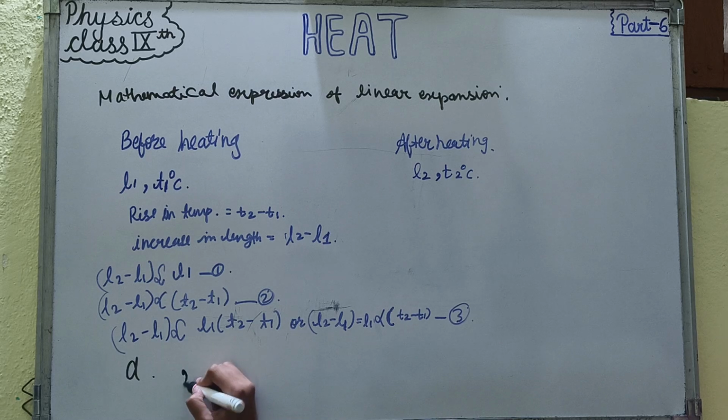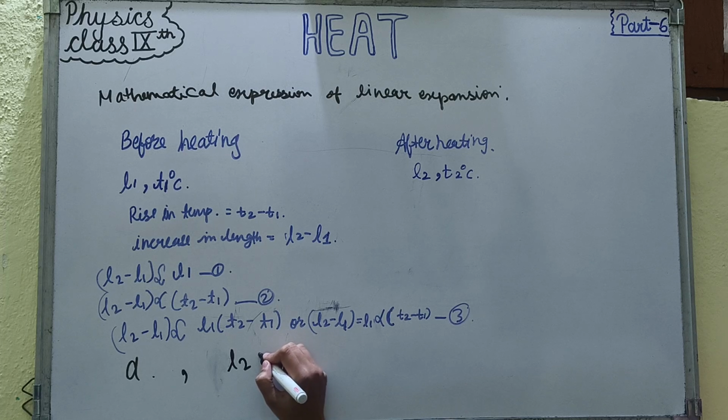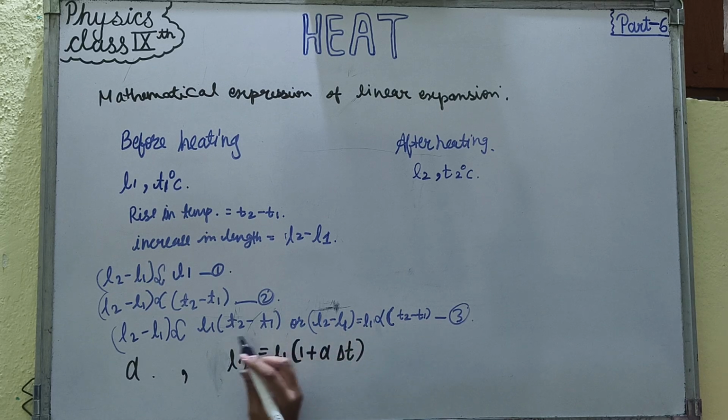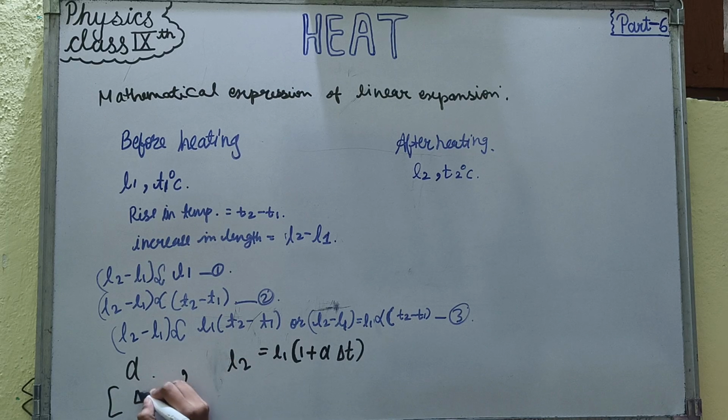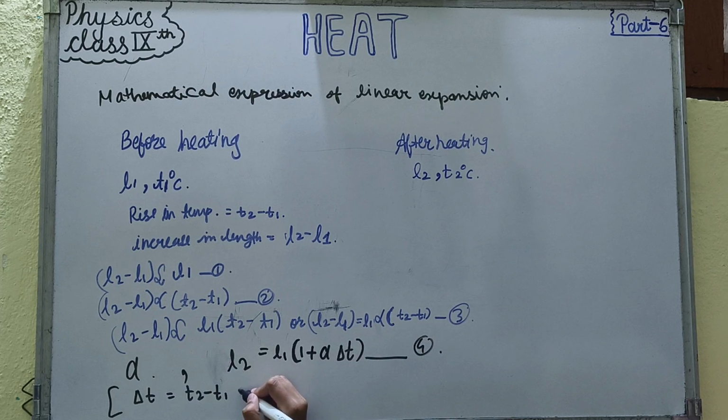Or we can write L2 equal to L1 in bracket 1 plus alpha change in temperature, and change in temperature is equal to T2 minus T1, where T1 and T2 are the initial and final temperatures respectively.